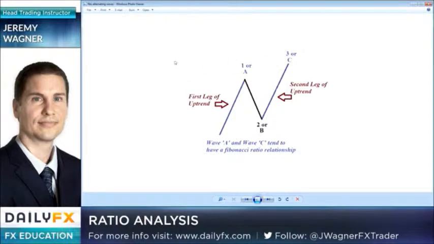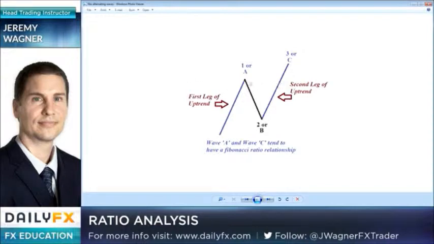When we're measuring waves, we want to measure the alternating waves. In this case, it would be the first leg of the uptrend, and then we want to compare it to the second leg of the uptrend. Those are alternating waves. The black wave in the middle is nothing that is going to concern us right now.